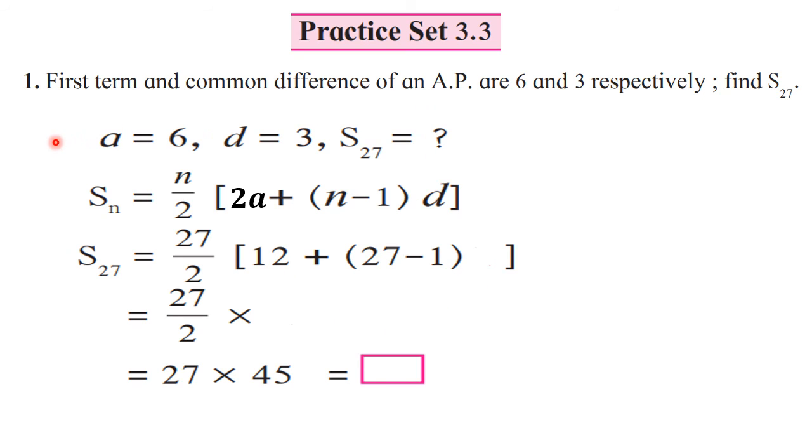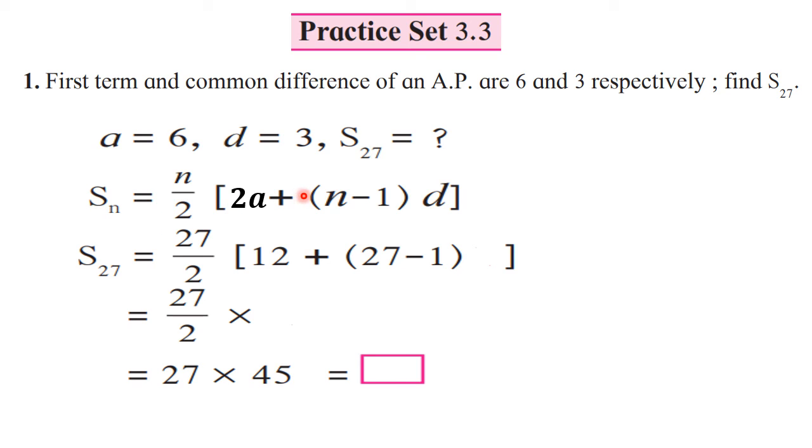So see, the first term is 6, means a is equal to 6. Common difference is 3, means d is equal to 3. And we have to find S27 is equal to question mark. So it is very clear that we have to use the bigger formula of Sn.